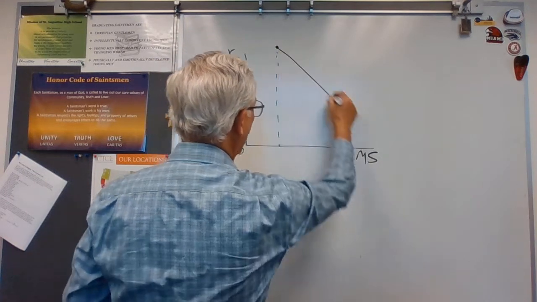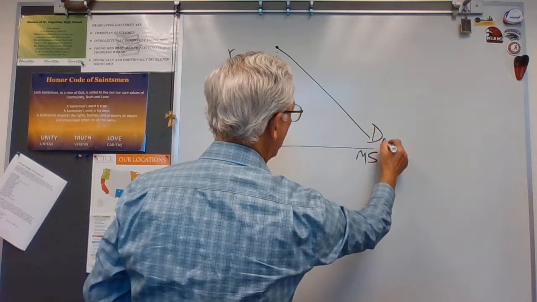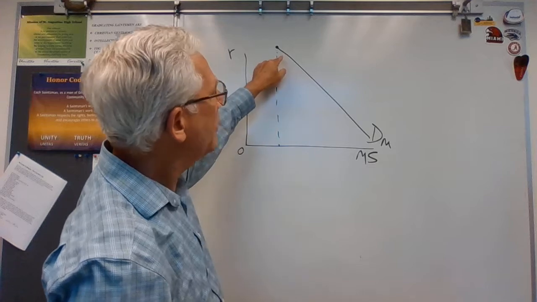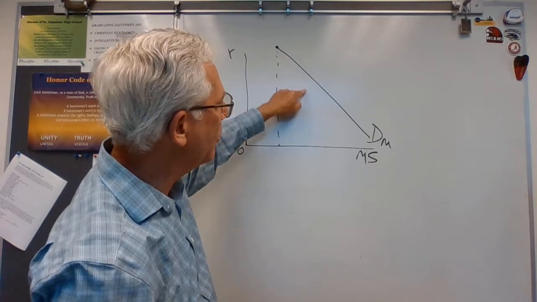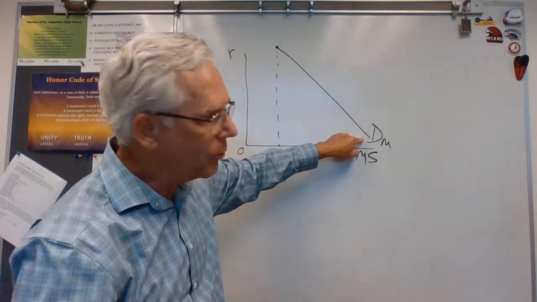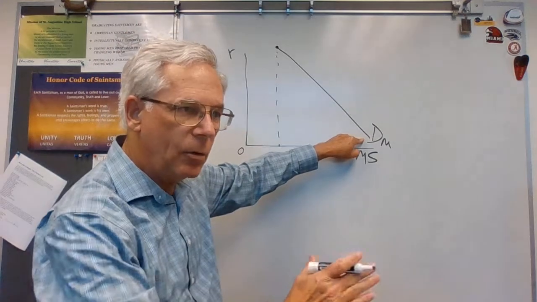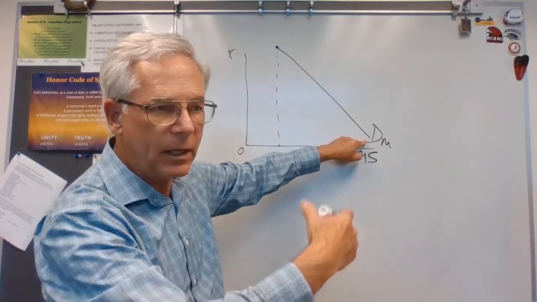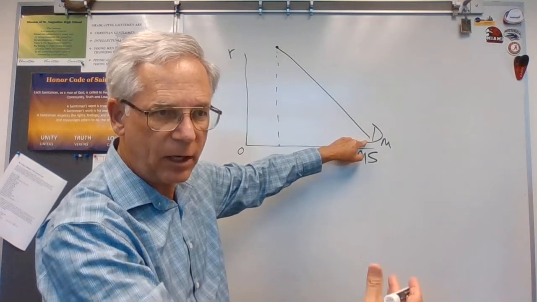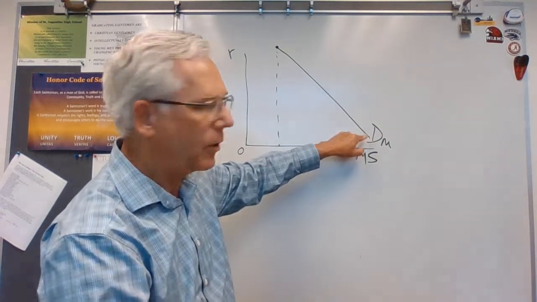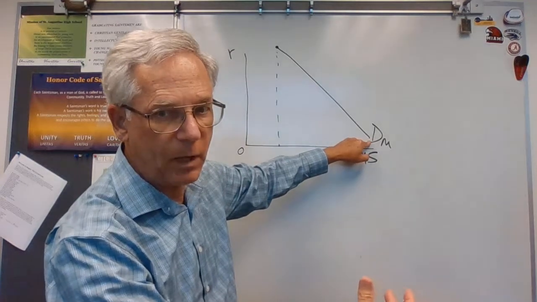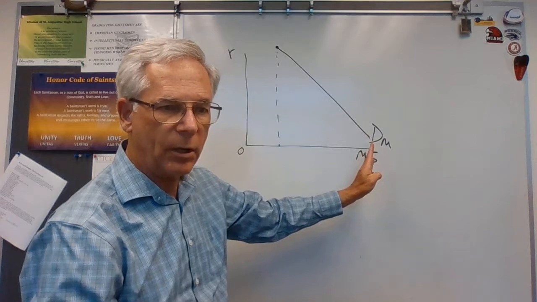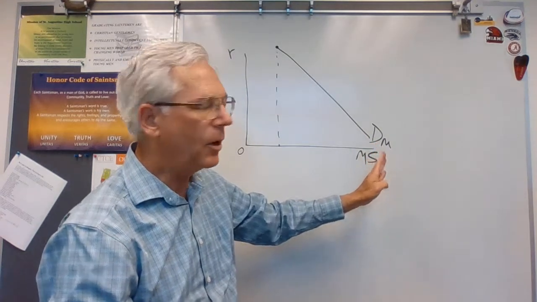And from there, we're going to go down. That is the total demand for money, which is the transactions demand plus the asset demand. At lower rates of interest, people don't want their money in risky investments because the return isn't very high. They'd rather have their money in cash or in a checking account in their bank. So they're going to hold the money as money rather than invest it. Lower rate of interest, more people want to hold on to their money. The demand for money is very high.